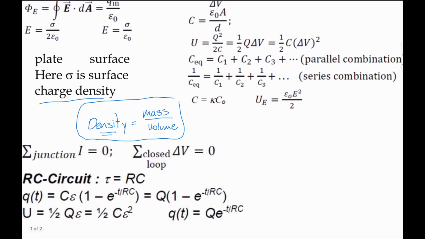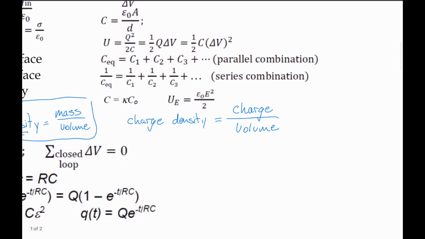When you talk about electricity and magnetism or electrically charged objects, you learn about this thing called charge density. And it is literally the same definition, except here in the top where you normally had mass, you put charge and you divide it by volume. Okay?